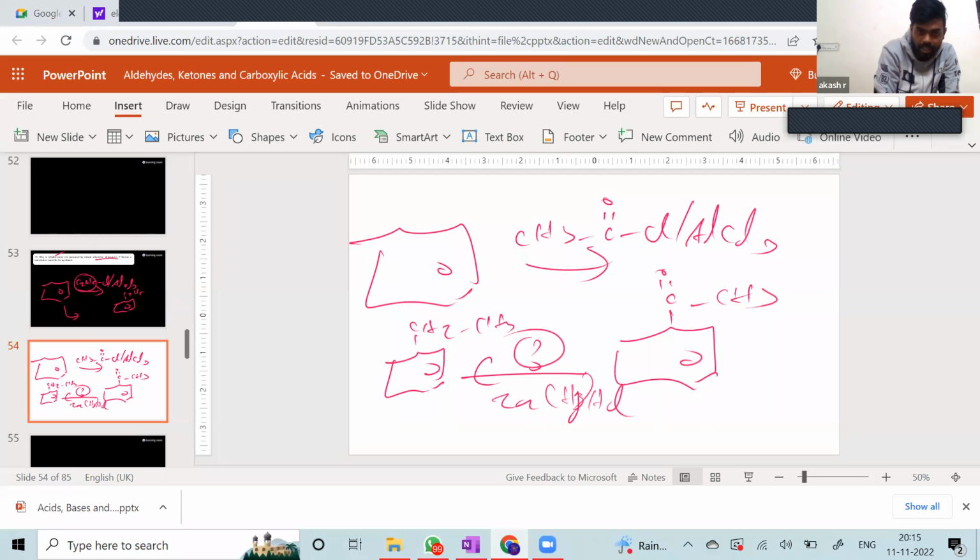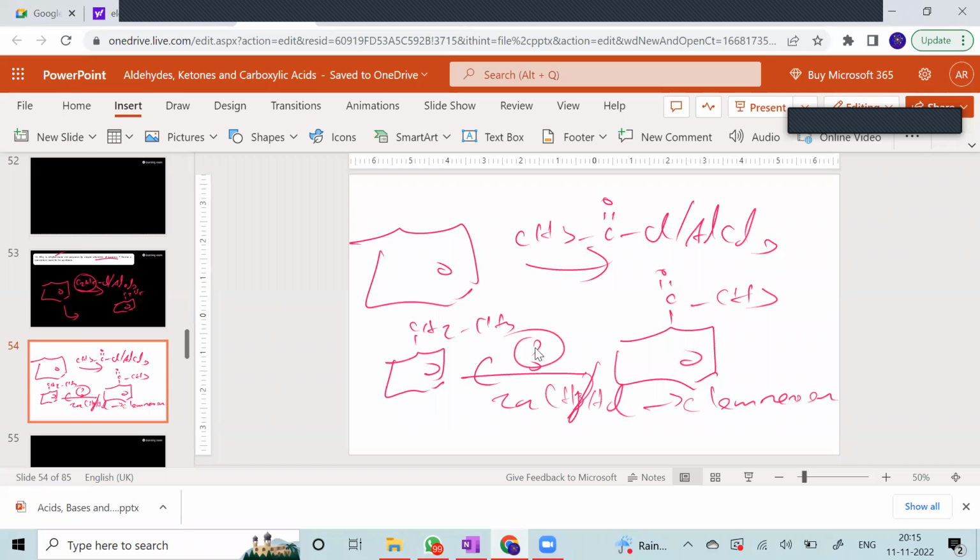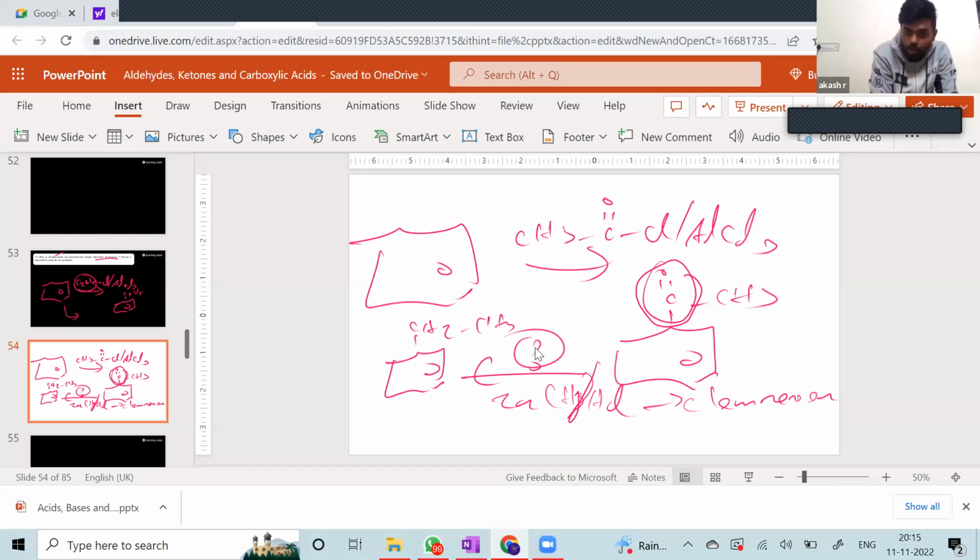This is a name reaction, right? Zinc amalgam and HCl. Clemmensen. Clemmensen's reduction. What is the other one? Even simple reduction is possible, right? If you go for simple reduction, you will convert the C double bond O to CHOH. Alcohol only will get formed. You have to specially go for Clemmensen reduction. Or what is the other one?